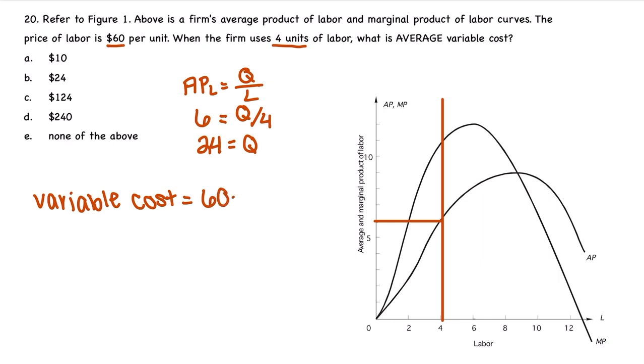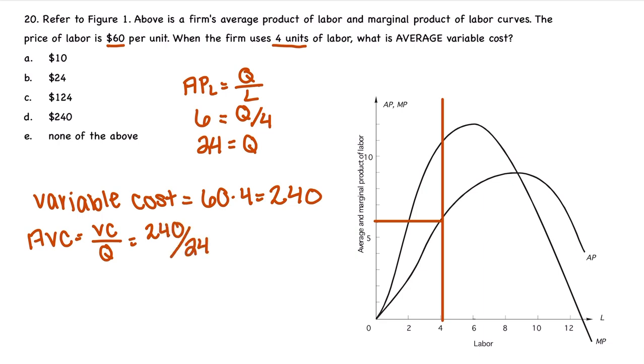So 60 times 4, which is 240. And our average variable cost will be variable cost divided by quantity, which is 240 divided by 24, which is 10.